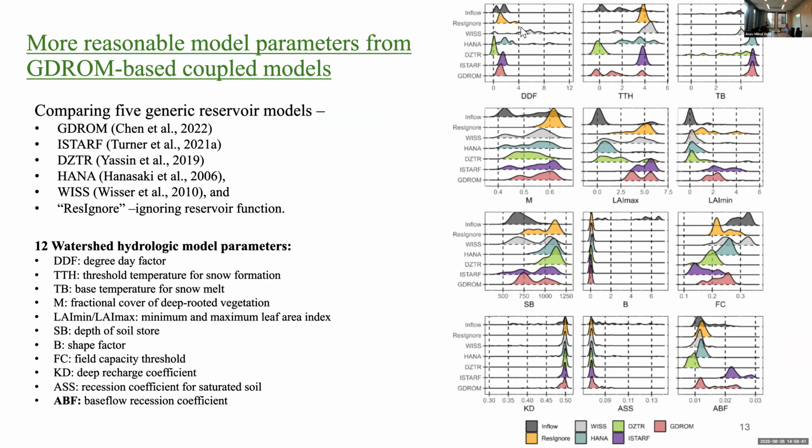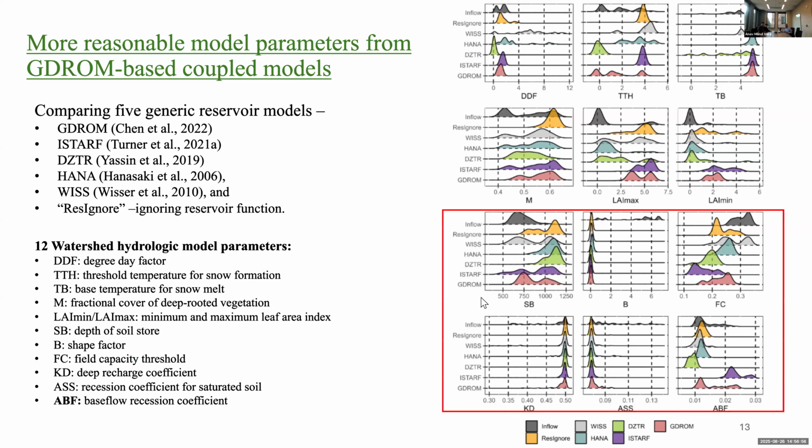And because this one is not affected by the reservoir, we assume the parameters are not disturbed by reservoir operation. Then you can look at the distribution of the parameters from the 6 models.